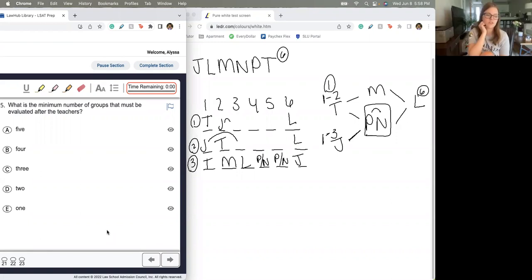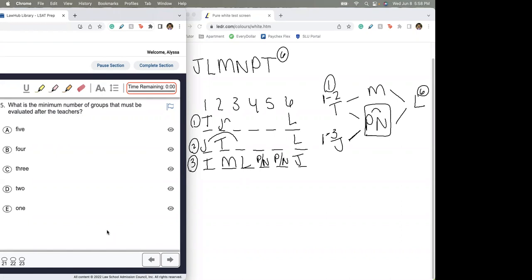Does anyone have an answer that they like? I'm gonna say 4 based off of the diagram because we know that it can only go 2 places, so there's only gonna be 4 left over.